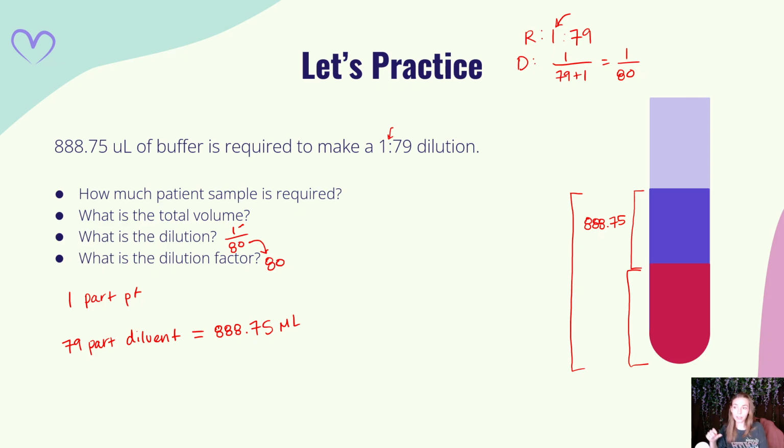We need to figure out how much volume is present per part. So to do that, you would say, I have 888.75 microliters per 79 parts.